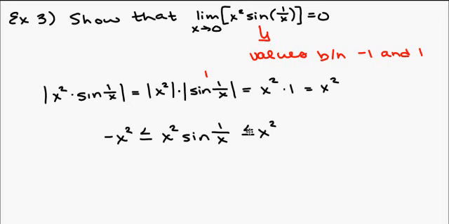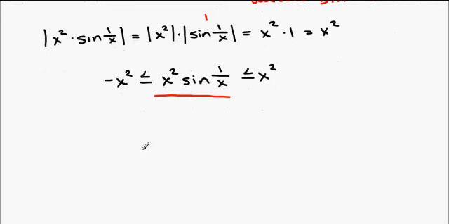So this function that we were originally looking at is sandwiched between these other two functions. It is always between them, and I'll show you that on the calculator in a minute, in case you're not sure of that. But right now, let's focus on actually finding the limit.